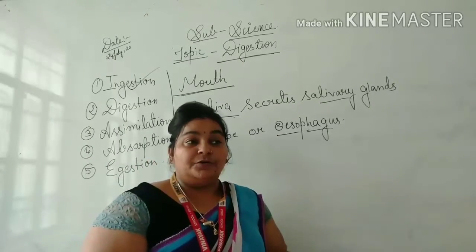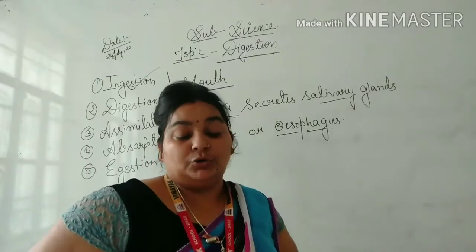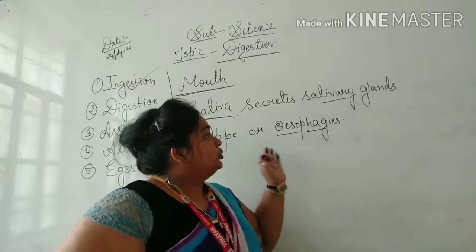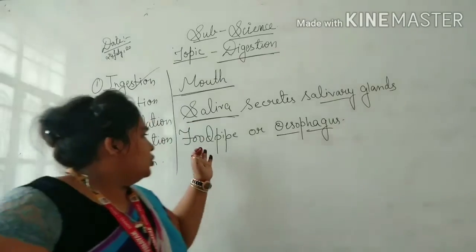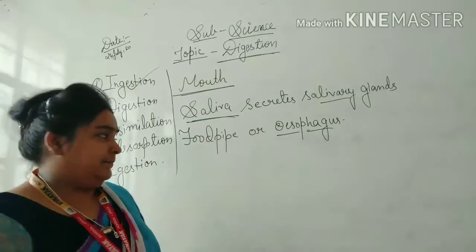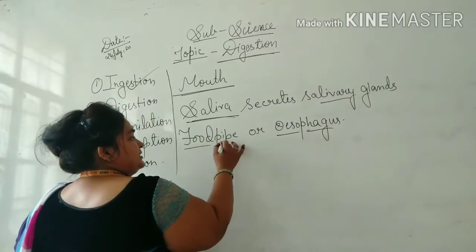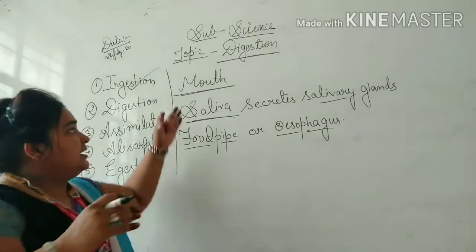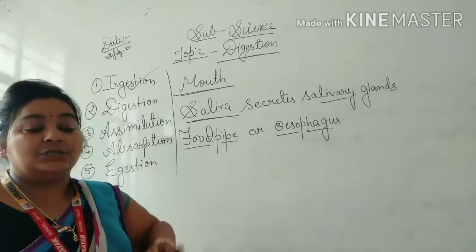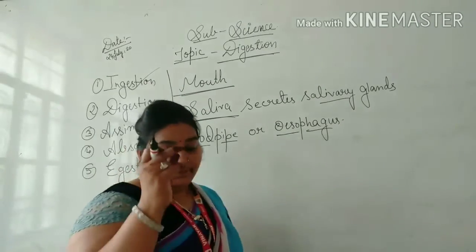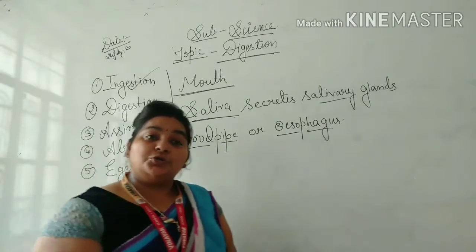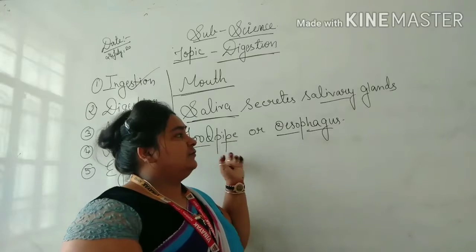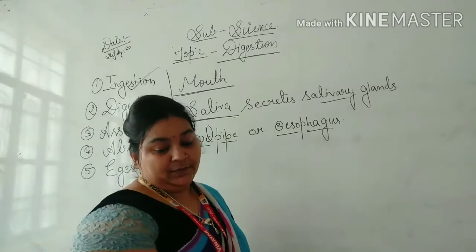The solid food which passes from the mouth to the stomach through a passage or a pipe, we call it the esophagus or food pipe. Clear? This is the pipe-like structure for going further to the stomach, called the food pipe or esophagus.